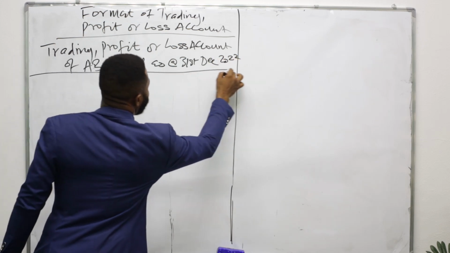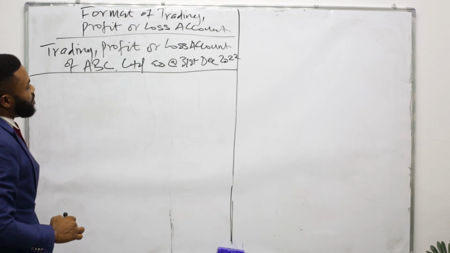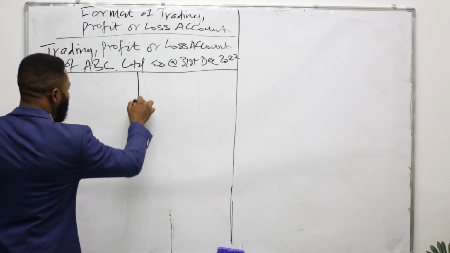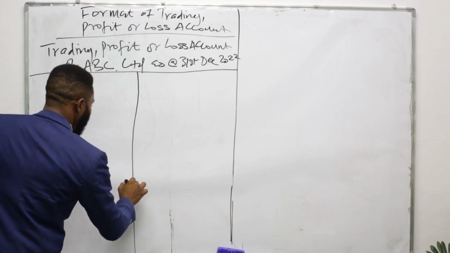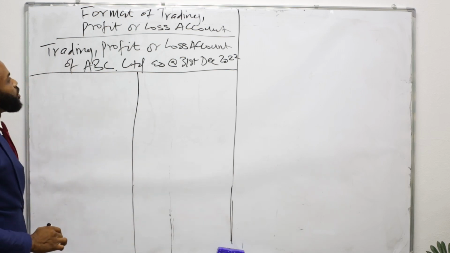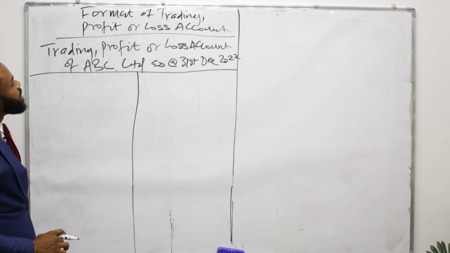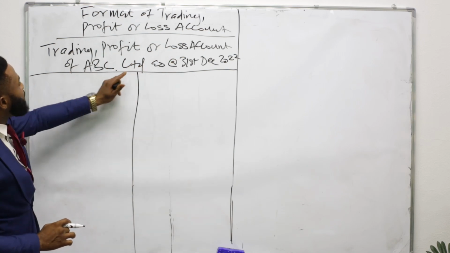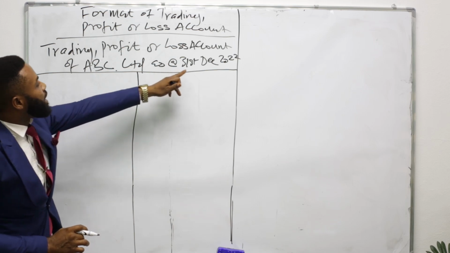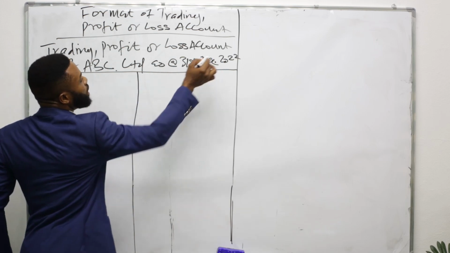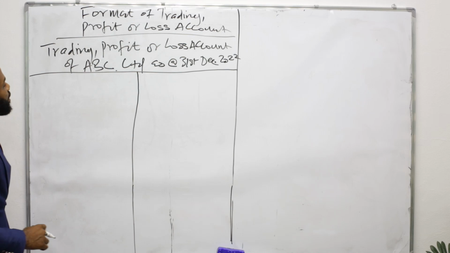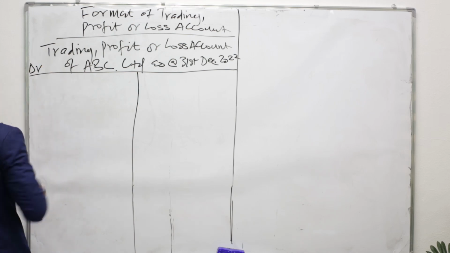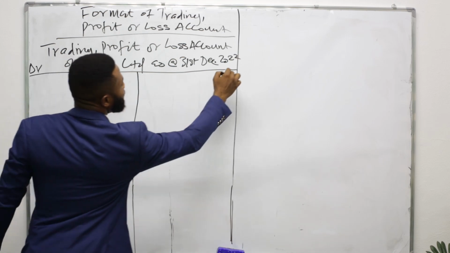This is how it will look like. And like I said before, it will be divided into two. This is why we call it T method. I told you we are going to be using the T method. Trading profit or loss account of ABC Limited as at 31st December 2022. So like I said before, this is your debit. We have put your D arrow there, and then this is your credit.